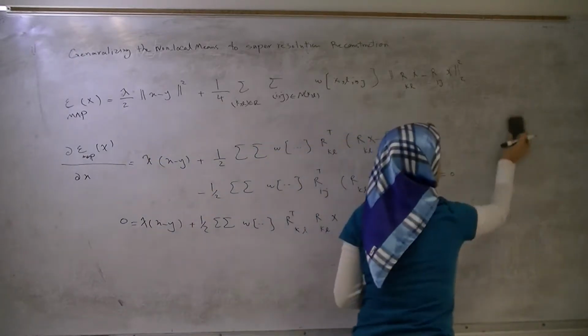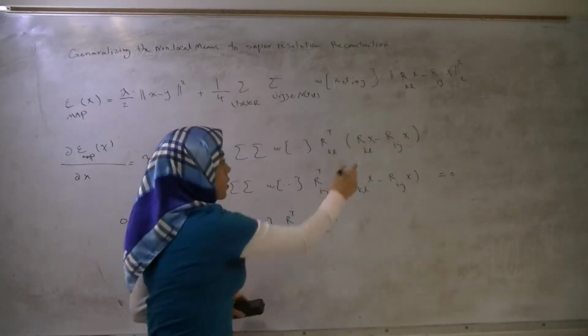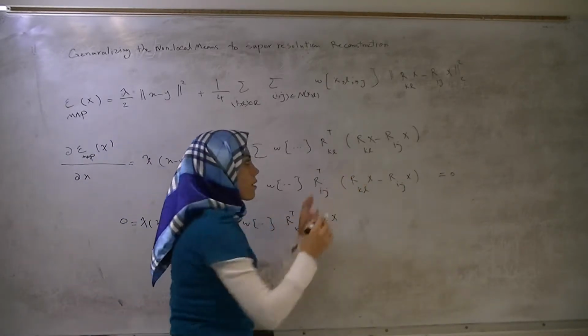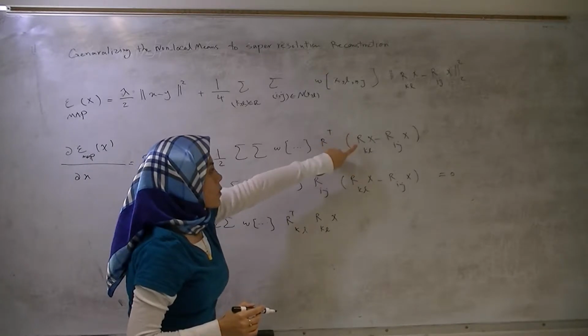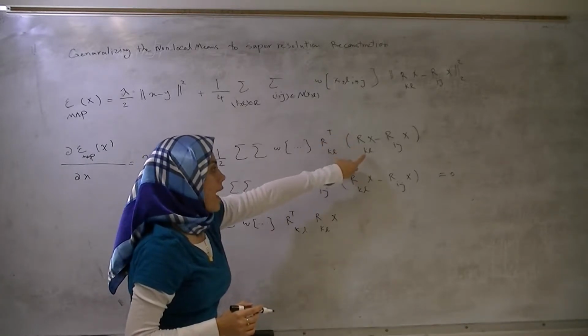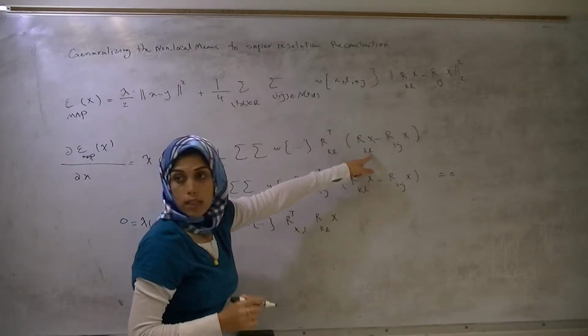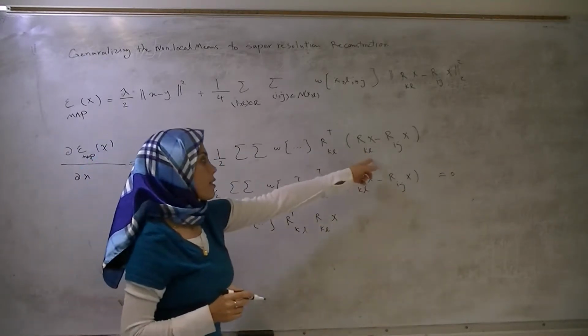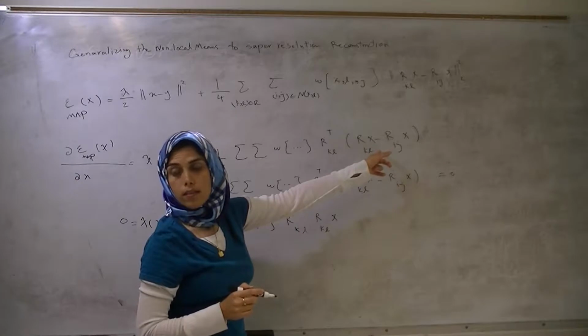What's the meaning of R_KL? R_KL means that this one extracts the patch around the X_KL, X and L. It's the center of the X_KL from the X. And what's R transpose?